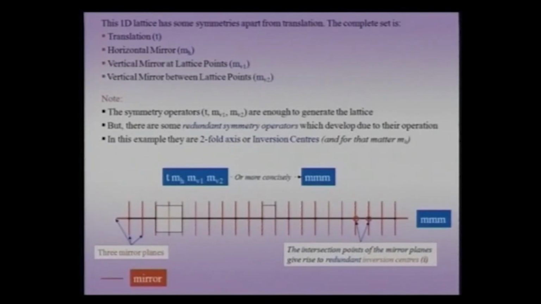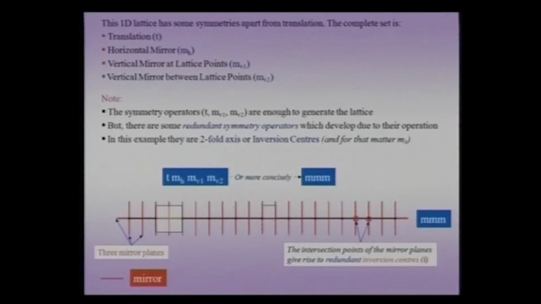Additionally, there are mirrors which are located exactly between 2 lattice points. For instance, I consider this mirror which I call MV2, mirror vertical 2, while I call the first mirror which I considered MV1, the vertical mirror 1. The second mirror is completely independent of the first set of mirrors.